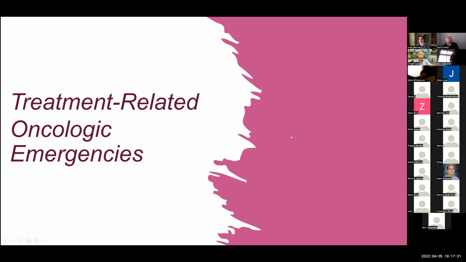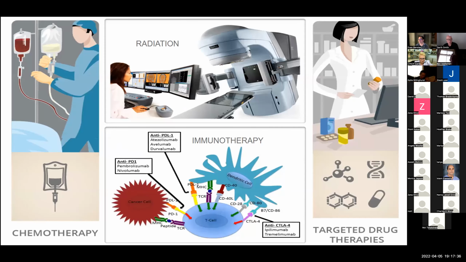Okay, we'll get to this big topic. So there are different ways that we treat cancer. Obviously, there's surgery. Surgery is a big part of our cancer treatment, but we don't typically manage surgical complications or urgent surgical issues. But when it comes to the treatments that we give at the cancer center, we have two broad categories. We have radiation, and then we have systemic treatment.